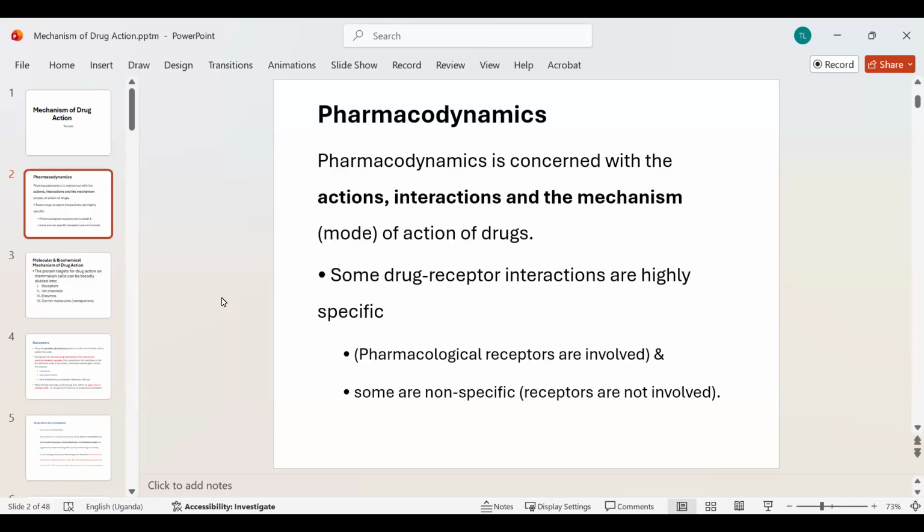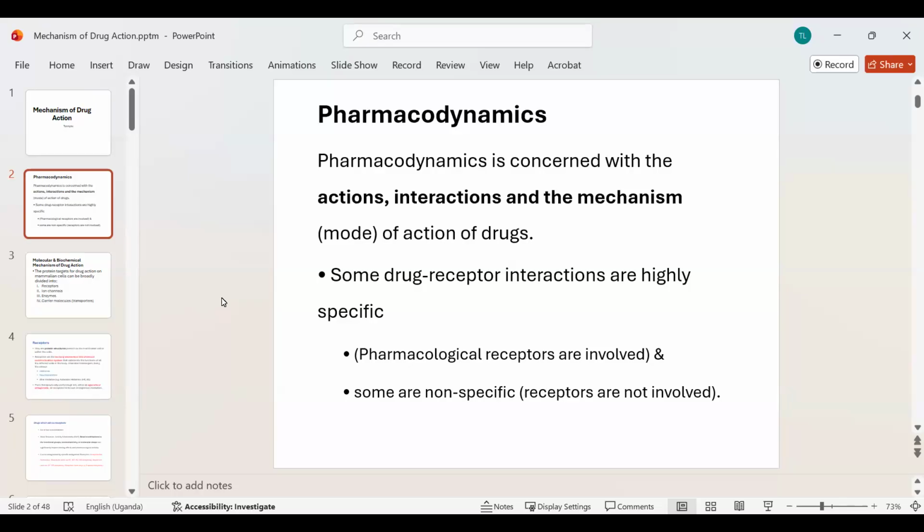That's why we are saying some drug interactions tend to be specific, whereby they tend to work on the receptors themselves. They peak even at receptor level. They don't just bind to whichever receptor they find, but they are specific to certain receptors. Yet others are not specific, they are non-specific.